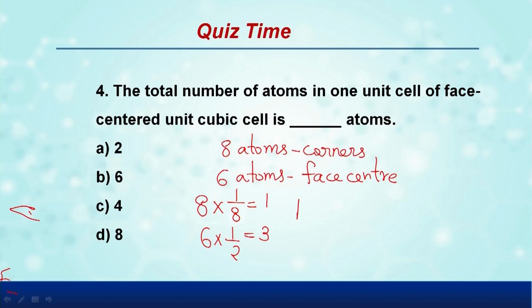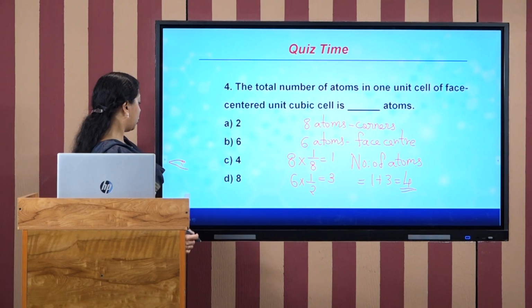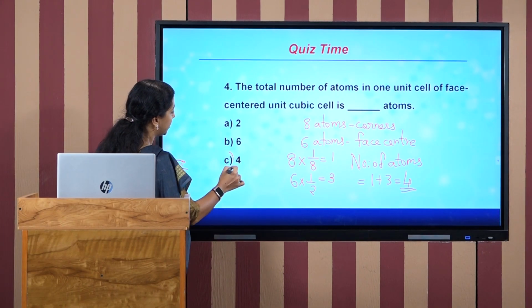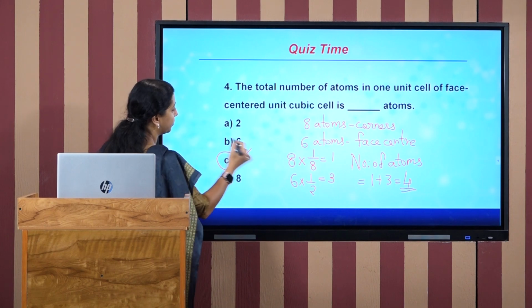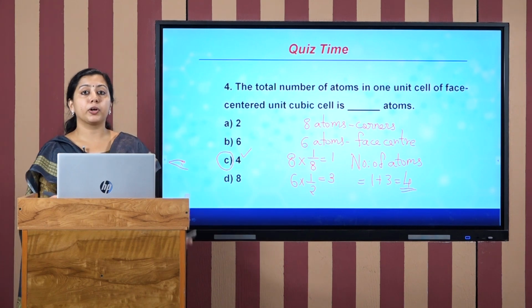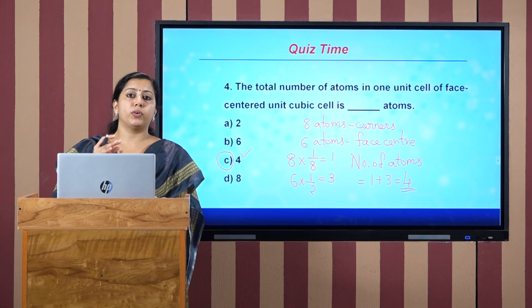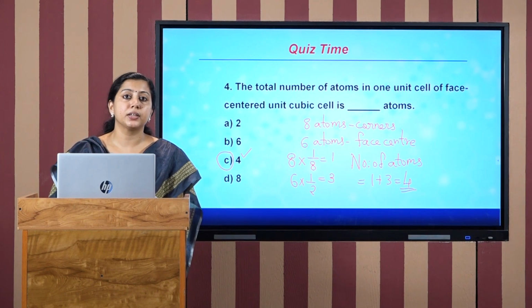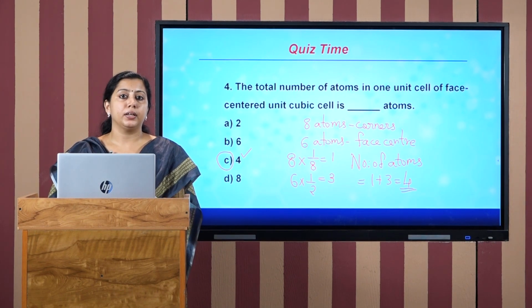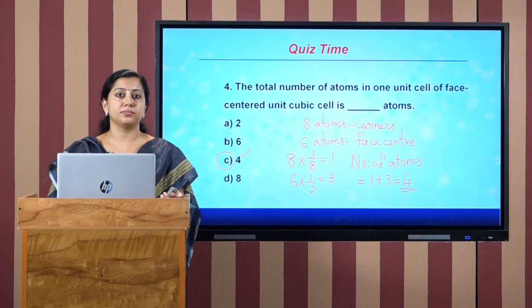Therefore, the total number of atoms in the unit cell is equal to 1 plus 3 equal to 4. So, among these options, the correct option is option C, 4. So, the total number of atoms in one unit cell of a face centered cubic unit cell is 4 atoms.